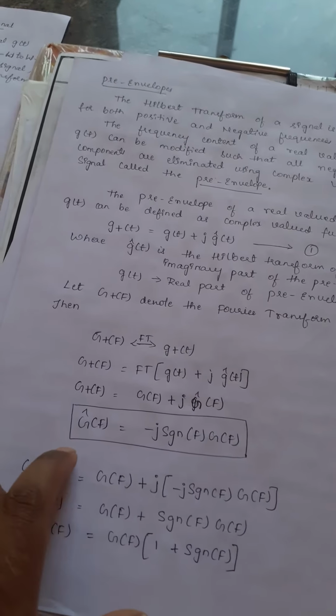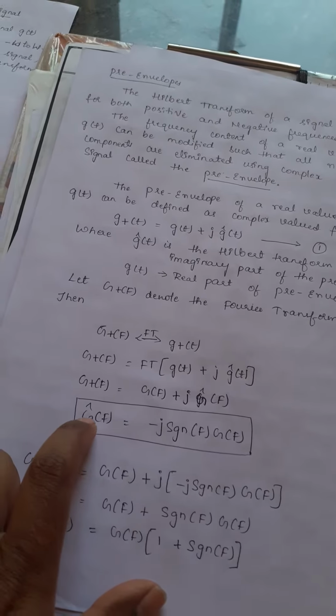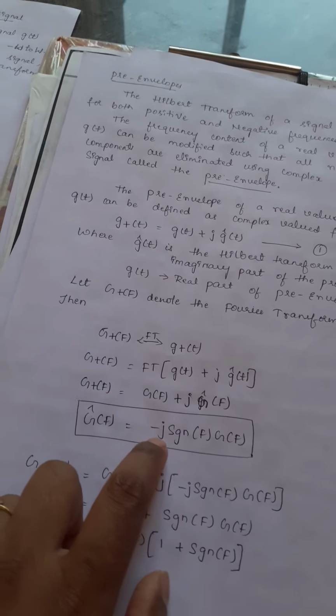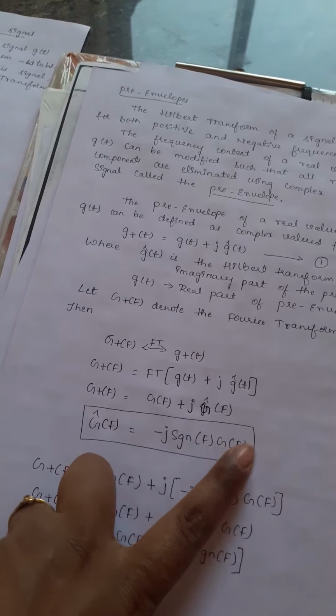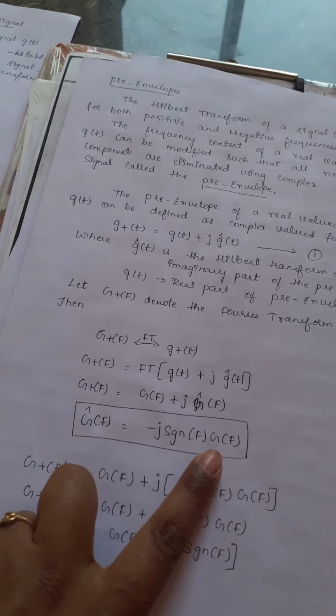We know that G cap of f is equal to minus j sgn of f into G of f. This concept we know from the Hilbert transform.